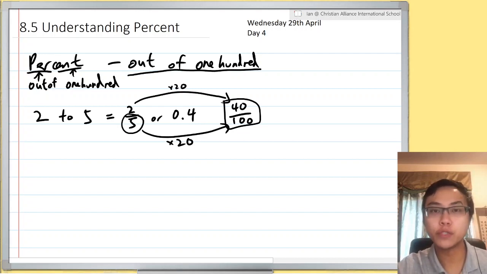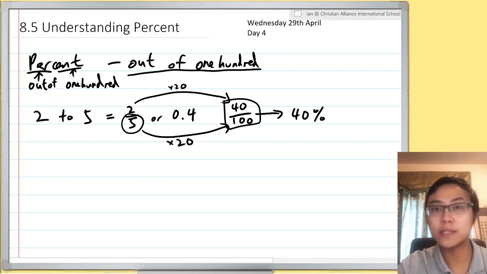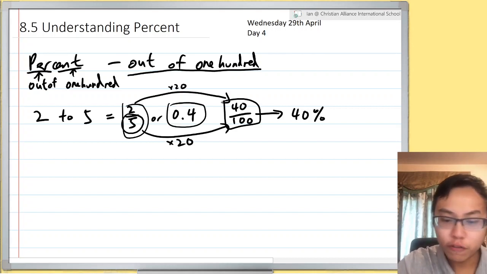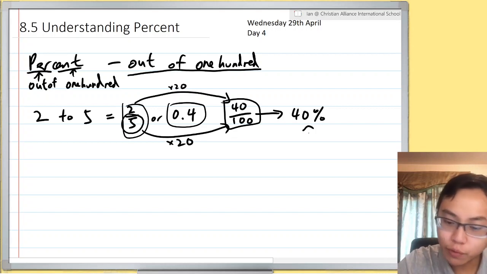That is 40%. We write this as 40% using this symbol. So 2 out of 5, 0.4, 40 out of 100 is the same as 40%, and this is how we write percent.